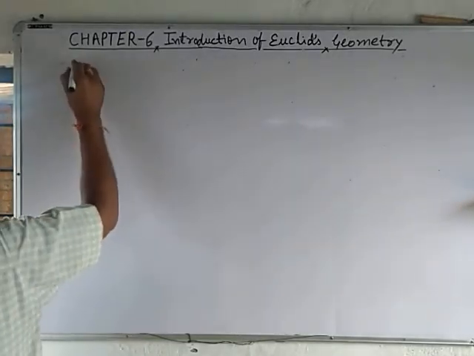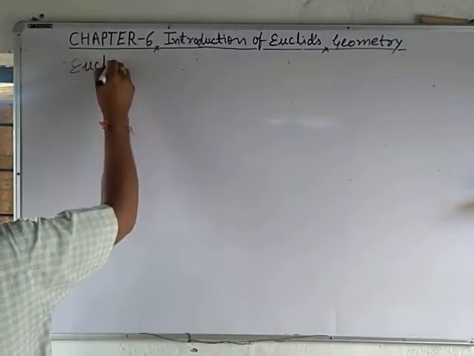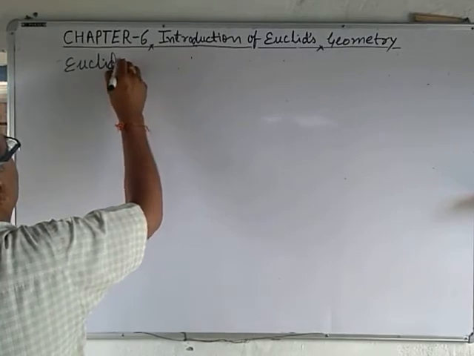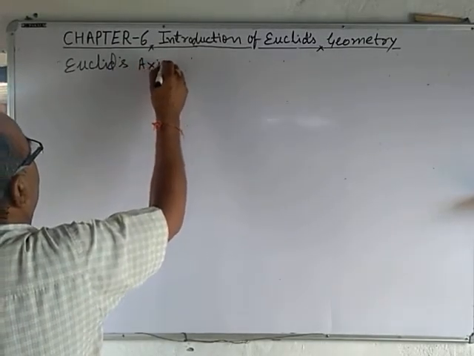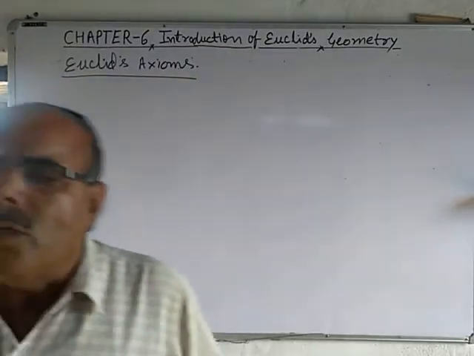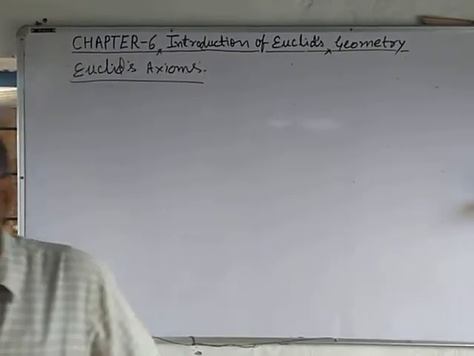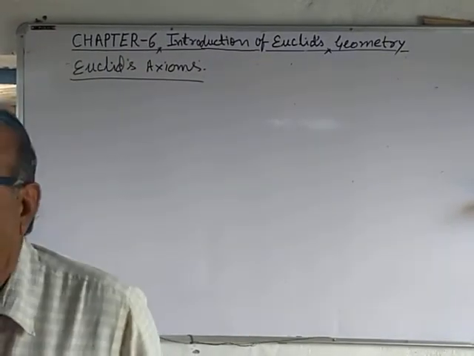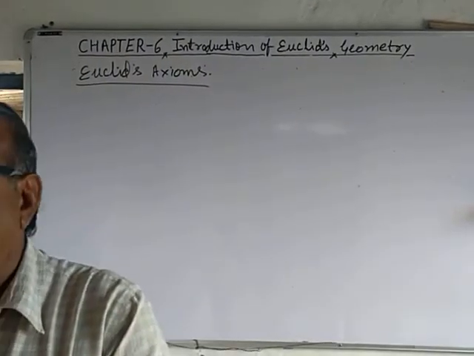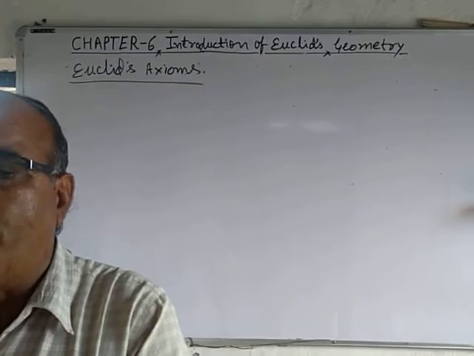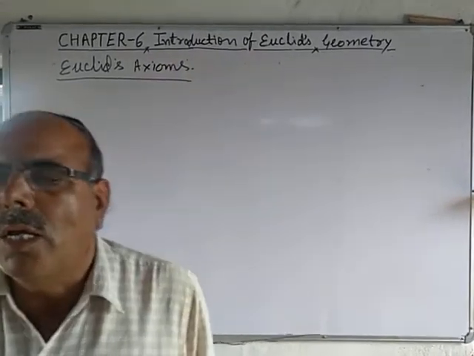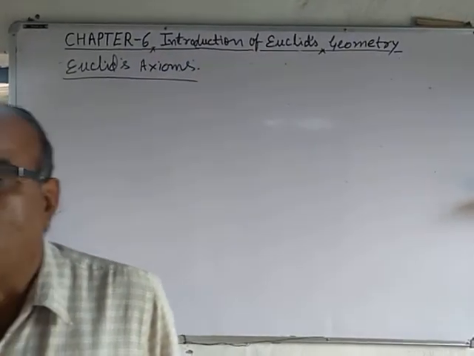Euclid's axioms start with the definition. Euclid assumed certain properties which are not to be proved. These assumptions are actually obvious universal truths.